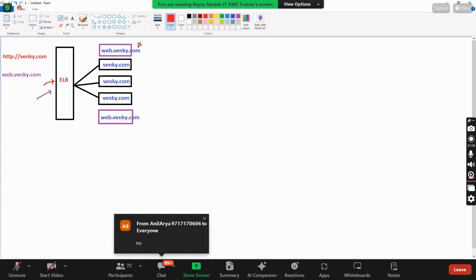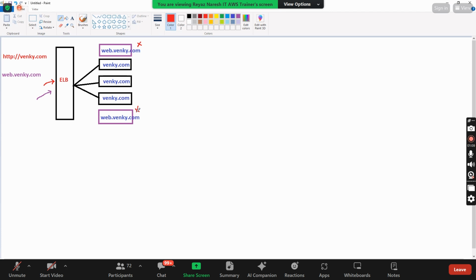Where is the redundancy? Is it possible for me to put it like this? If I need web.venki.com, will my existing load balancer work for this?